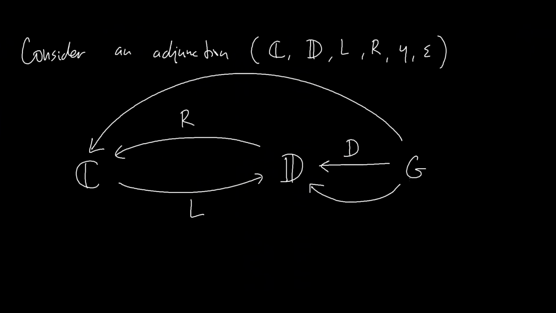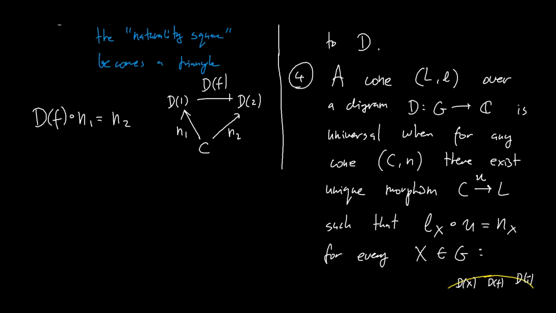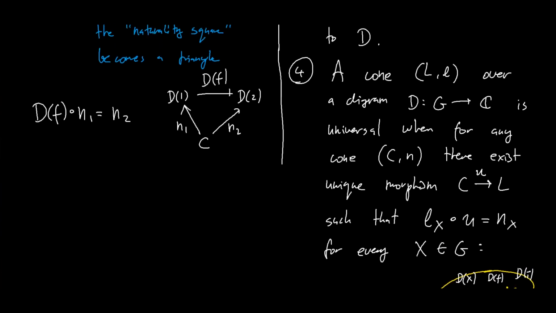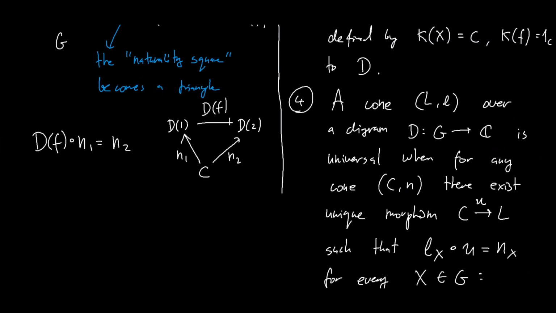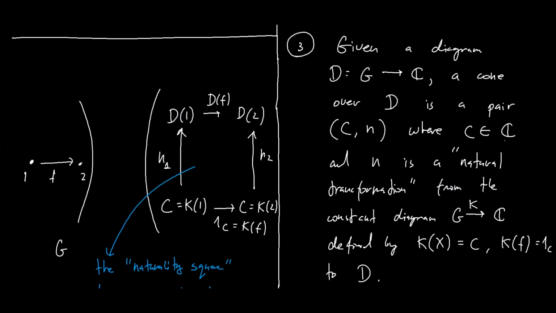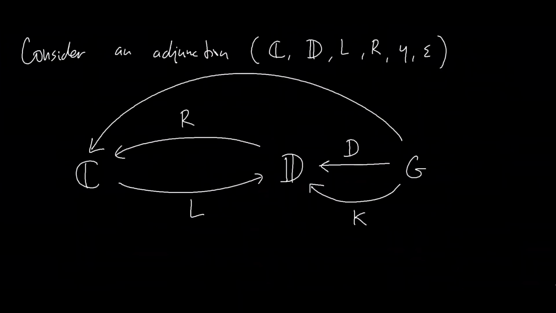Remember, a cone will be given by a constant functor, let's call this K as before, and a natural transformation n from K to D. If I go back to the definition of a cone, in item 3, a cone is given by an object, which amounts to a constant diagram, and this n was a natural transformation from that constant diagram to the diagram D. So I can draw it this way. Here's my n.